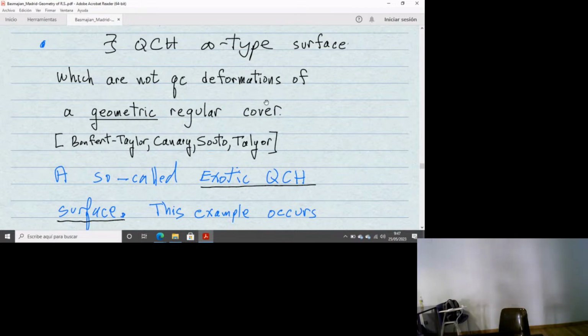Okay. So if you're going to be a geometric regular cover, the one thing you had better be is this: the Cayley graph of the group action on the cover has to be quasi-isometric to the Cayley graph of X in the cover. So what do they do? They have this graph, and then they thicken the graph to a surface, and since the automorphism group was transitive, they use that to show that the surface is QCH.